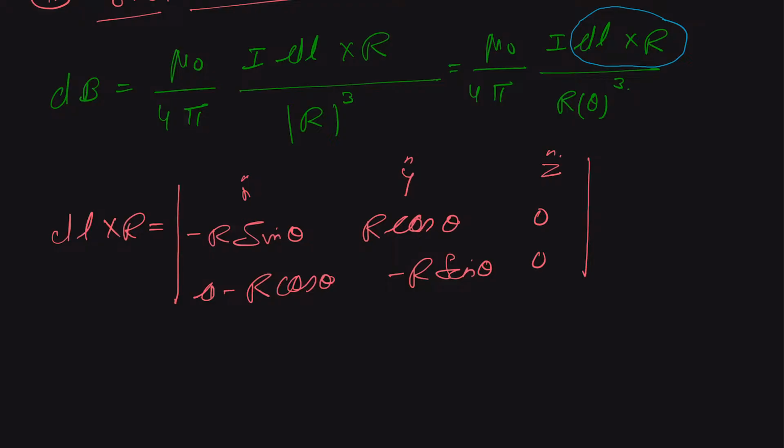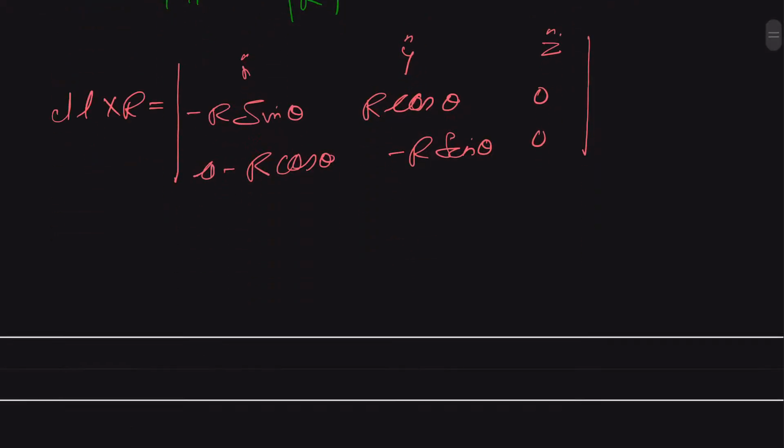In the cross product, obviously only the z component is going to survive.